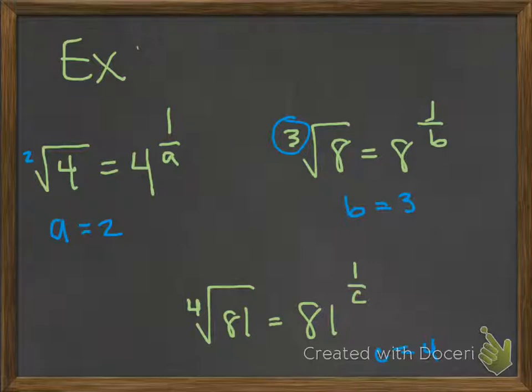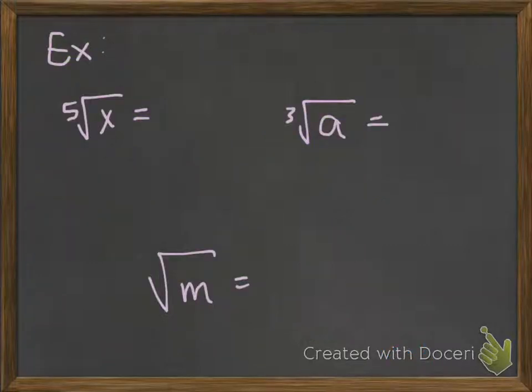Now we're going to practice going the other way. Now we're in what we call radical form. Whenever I have a root, we are in radical form. If I have the fifth root, this is the same thing as saying x to the 1/5 power. The second one, I'm taking the cube root, so that means this is the same thing as saying a to the 1/3 power.